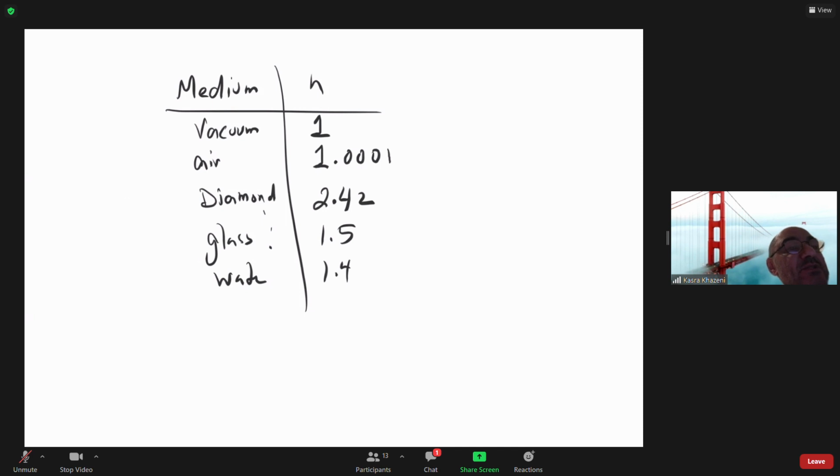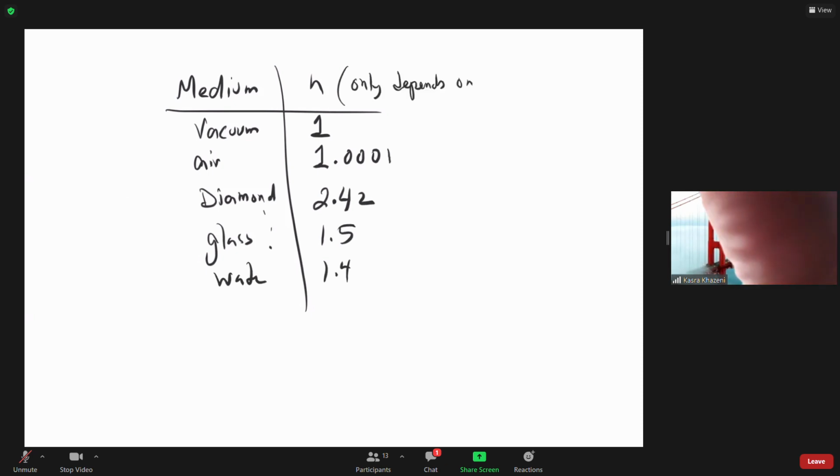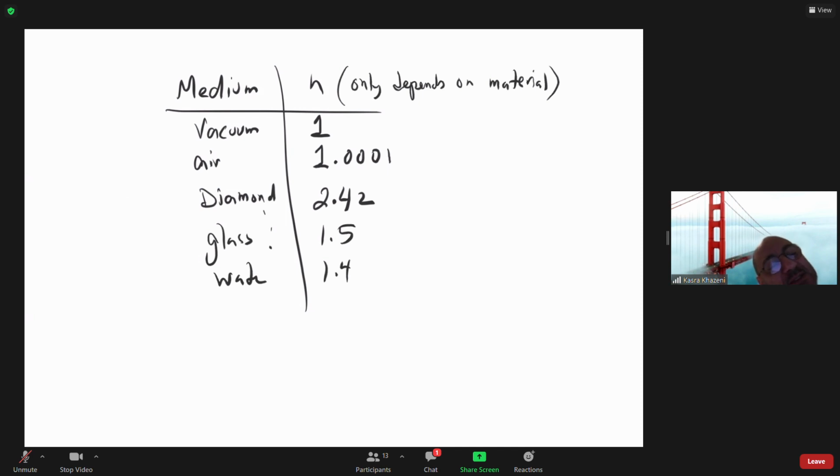These are constants. They only depend on the material. Vacuum is always 1. Glass can be mixed with all sorts of other things, but diamond is 2.42. Water, if it's pure, is around 1.4.